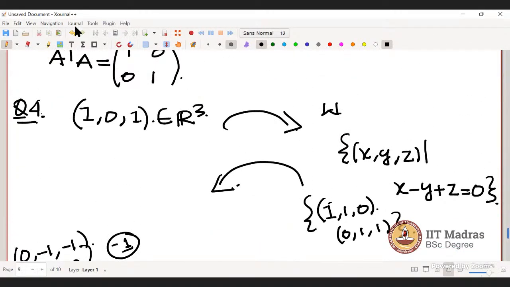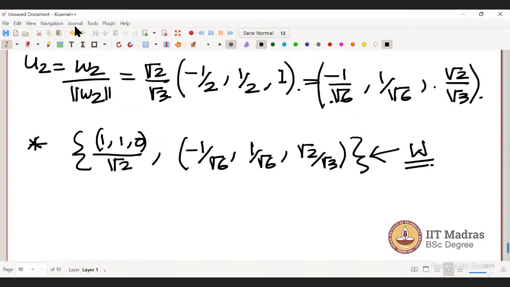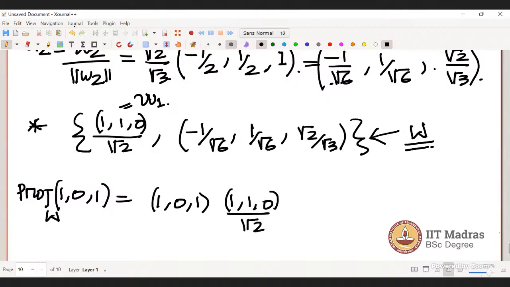I was trying to find the projection of (1, 0, 1) onto this vector space W. So this is nothing but the inner product of (1, 0, 1) with (1, 1, 0) by square root of 2, again with the vector W1.